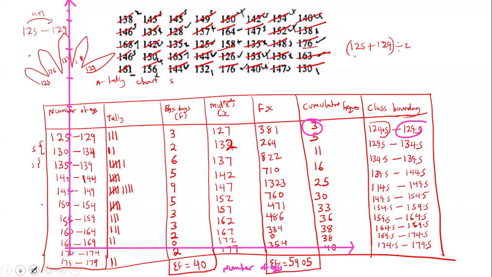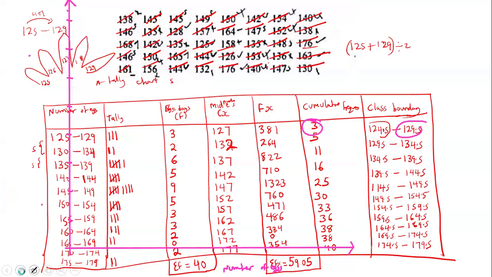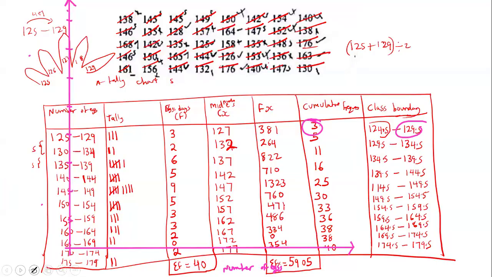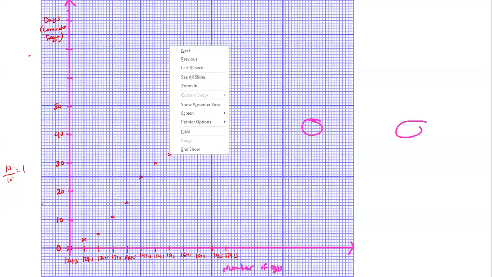Plot yours: 5, 11. 5 is here, the next one is 11. 16, 25. 16 is here, 25 is here. 30, 33. 30 is here, 33 is here.